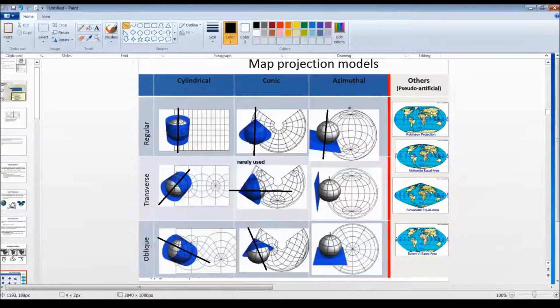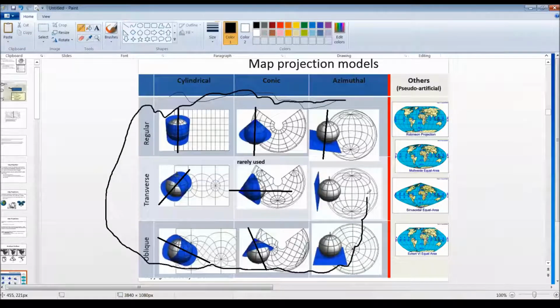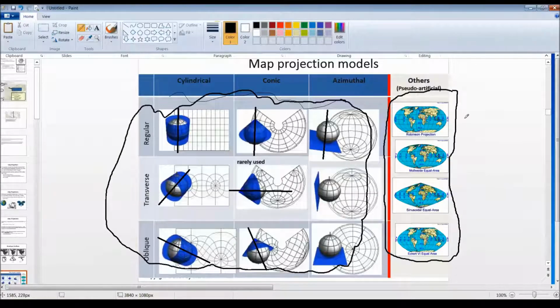You remember, these ones all have a surface that is attached to the Earth, and we can project it with the developable surface. These ones, we don't really have a developable surface. These are just based on math equations.